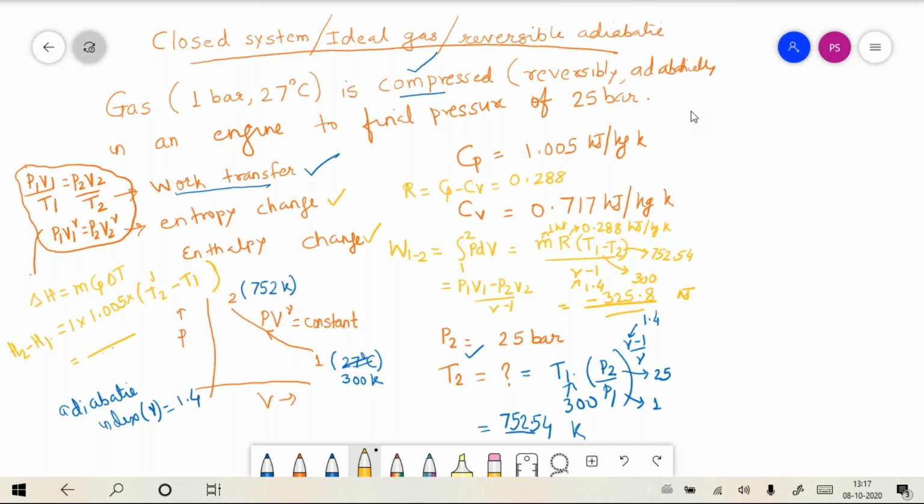When you are transferring work to the gas, the enthalpy of the gas would increase, so it will be a positive value, not negative. Just make a correction here. The temperature is 752 finally, so 752 minus 300. That gives us the answer as 454.